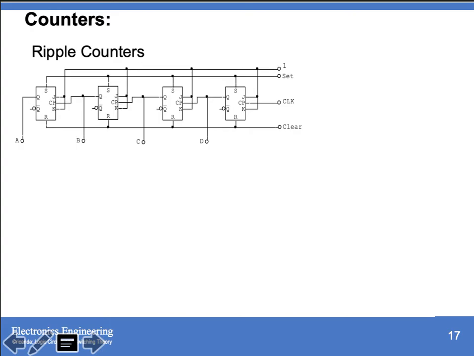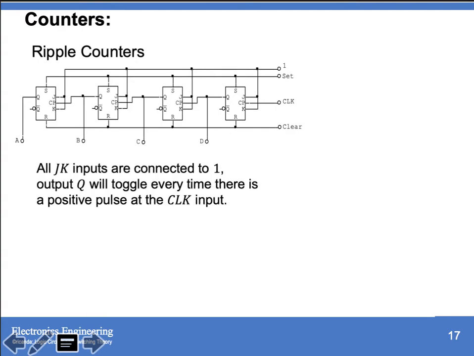If the output Q is equivalent to 1, it will force the next flip-flop to toggle. We also have the clear input, which is connected to your reset. At first, we have to make your clear equal to 1 so that we can initialize the values of your counters to all 0.